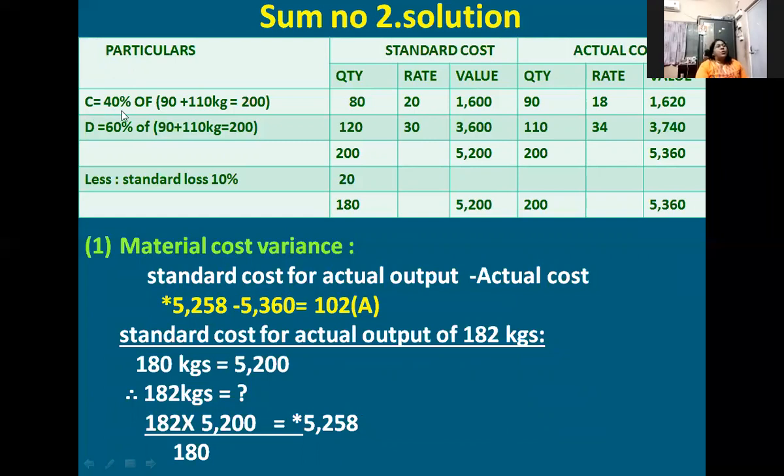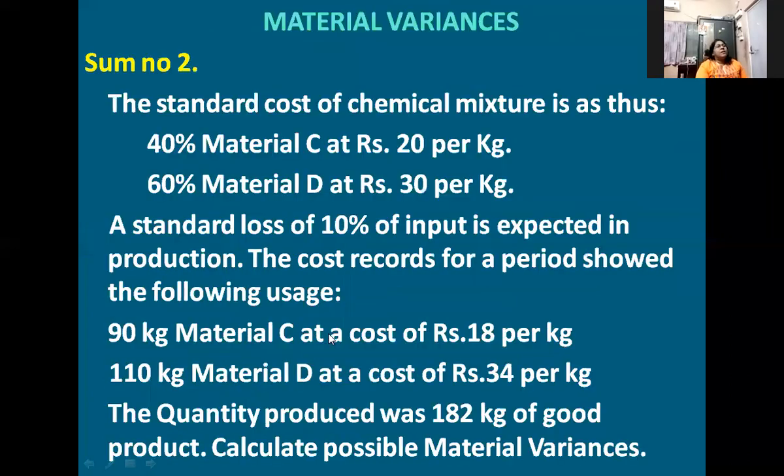C is equal to 40% of 90 plus 110 kg, which is equal to 200. What does this mean? Look at the problem.